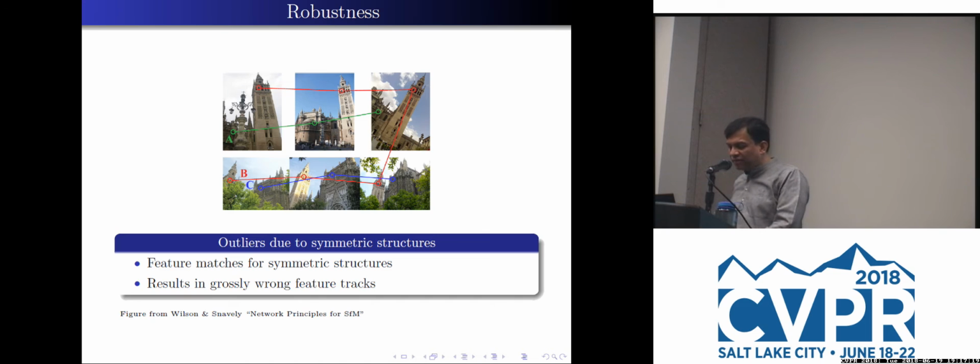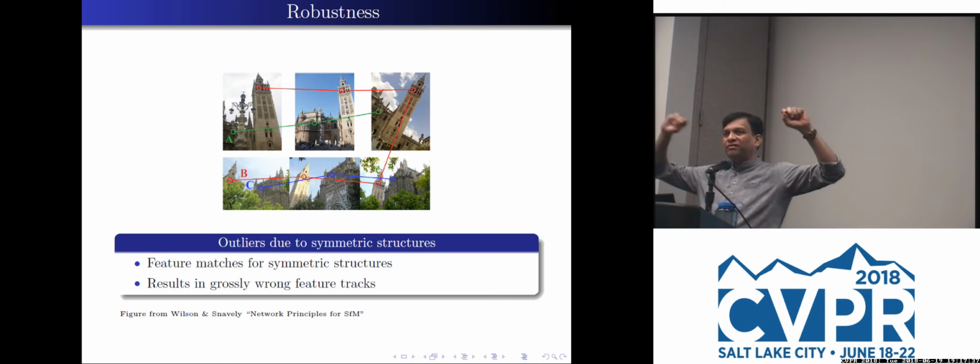So you have, for example, this tower, and somebody went and took pictures around it, but the tower is symmetric in nature. So when you do matching of image features, you can actually match features from different facades.